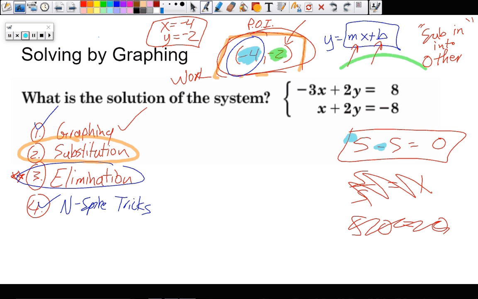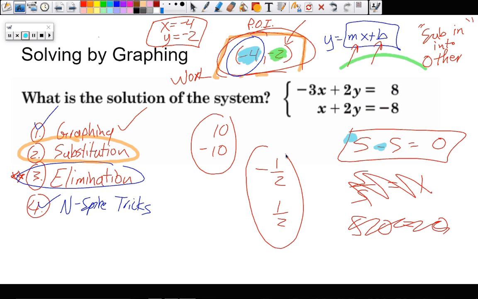So if I'm trying to eliminate this number, I'm going to try to create a negative 10. If I have this number, I'm going to try to create a positive 1/2. Because what am I doing with these two numbers and these two numbers to make them go to 0? I'm adding those two numbers. Elimination, you are adding two equations trying to eliminate variables. You with me? Here we go.